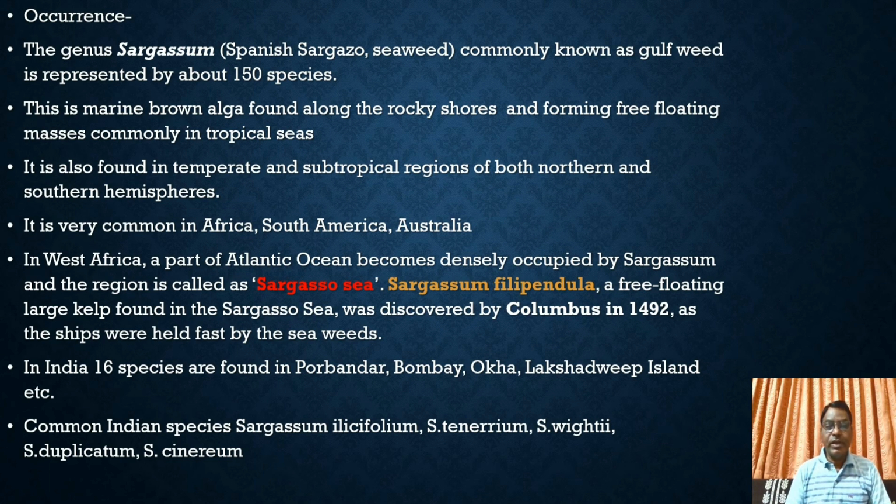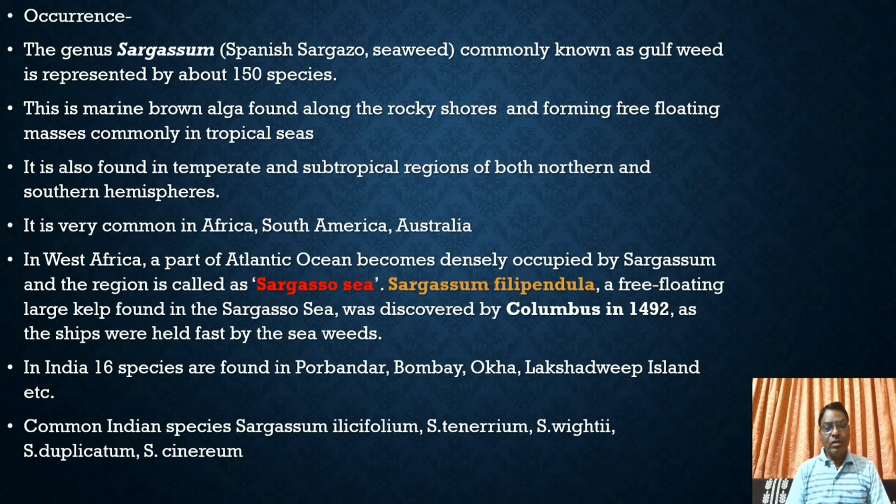Now this species, Sargassum filipendula, a free-floating large-scale alga found in the Sargasso Sea, was discovered by Columbus in 1492, as the ships were held fast by the seaweeds.